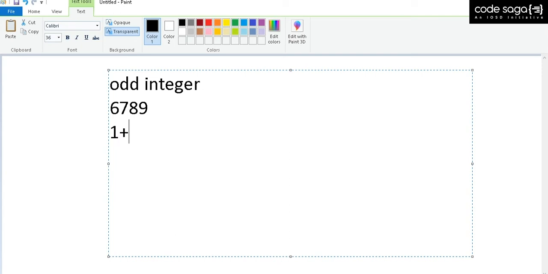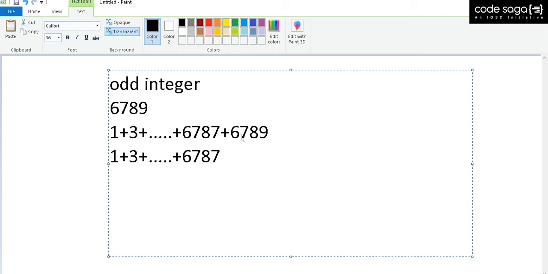There will be a square which can be shown as the sum of odd numbers ending in 6789. Let's say this is the square of k, then the square of k minus 1 will be the sum without that last term. So if we subtract these two, we obviously get 6789, which is an odd number. So for any odd number we can find it as a difference of two squares.